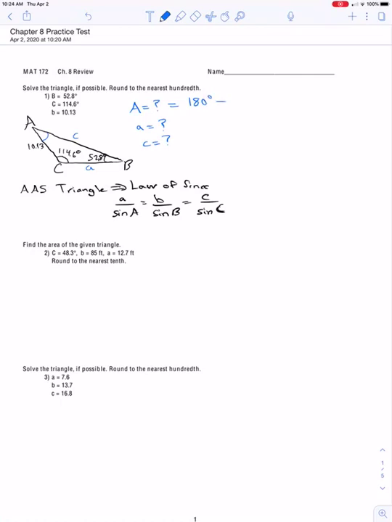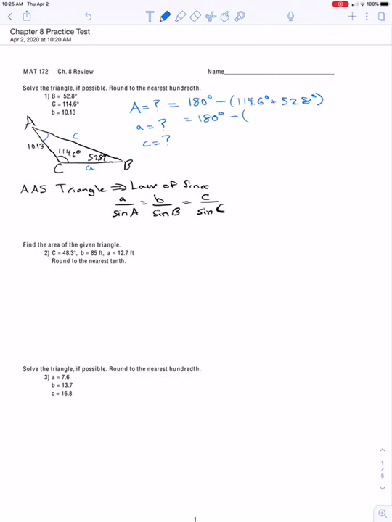So angle A is going to equal 180 minus 114.6 degrees plus 52.8 degrees. We can plug it in our calculator if we need to and do the arithmetic. We'll do it together here.